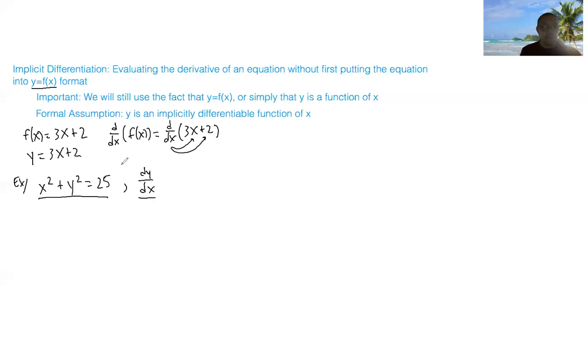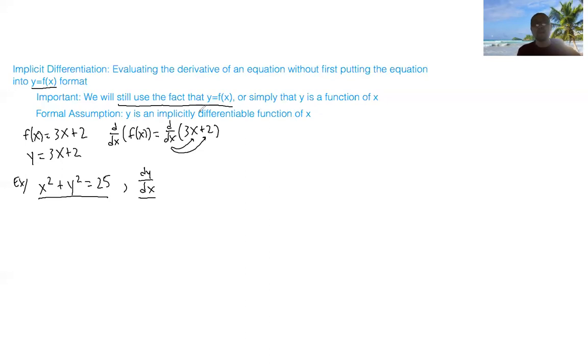We're going to take it straight from here, but in doing so, we are going to abide by an assumption: even though we don't have to put our equation in the y is equal to f of x format, we are still going to recognize that y is a function of x. This is just the formal way of saying what you might see: y is an implicitly differentiable function of x.